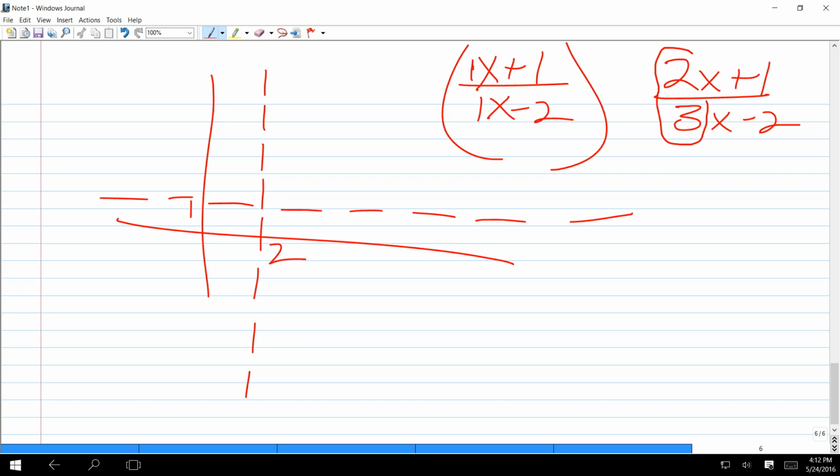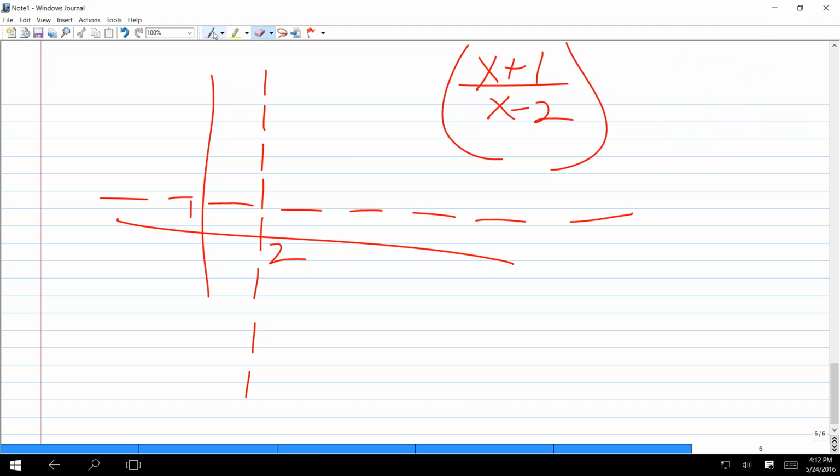The horizontal asymptote is that ratio, 2/3. So that's not 1 to 1. If I had 2x squared over 3x squared, I would still have a horizontal asymptote at 2/3. In other words, if the degree of the numerator is the same as the degree of the denominator, you take the ratio of their coefficients. So in this particular case, it's 1 over 1.